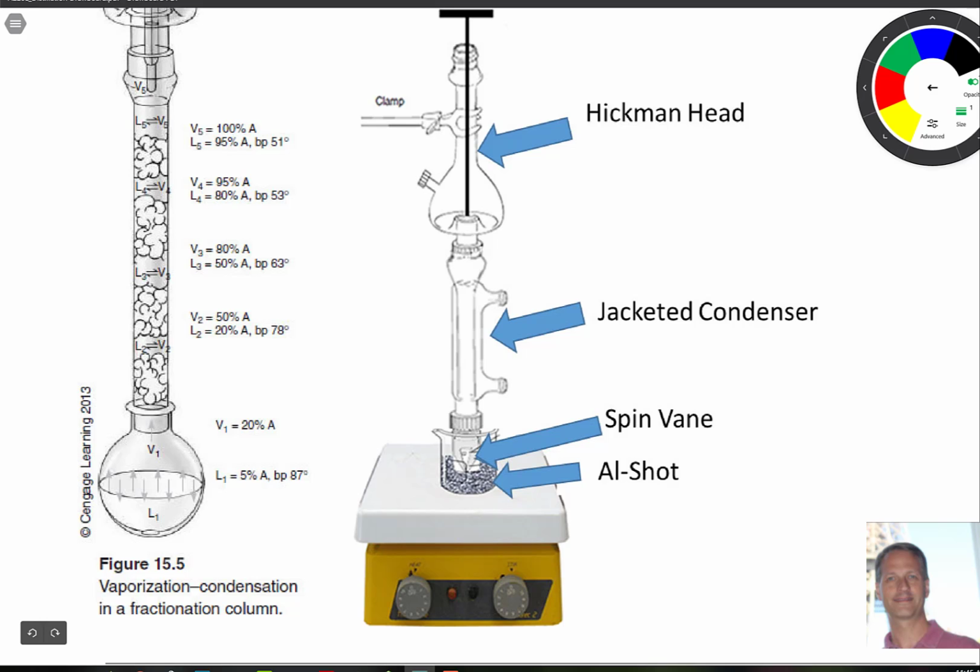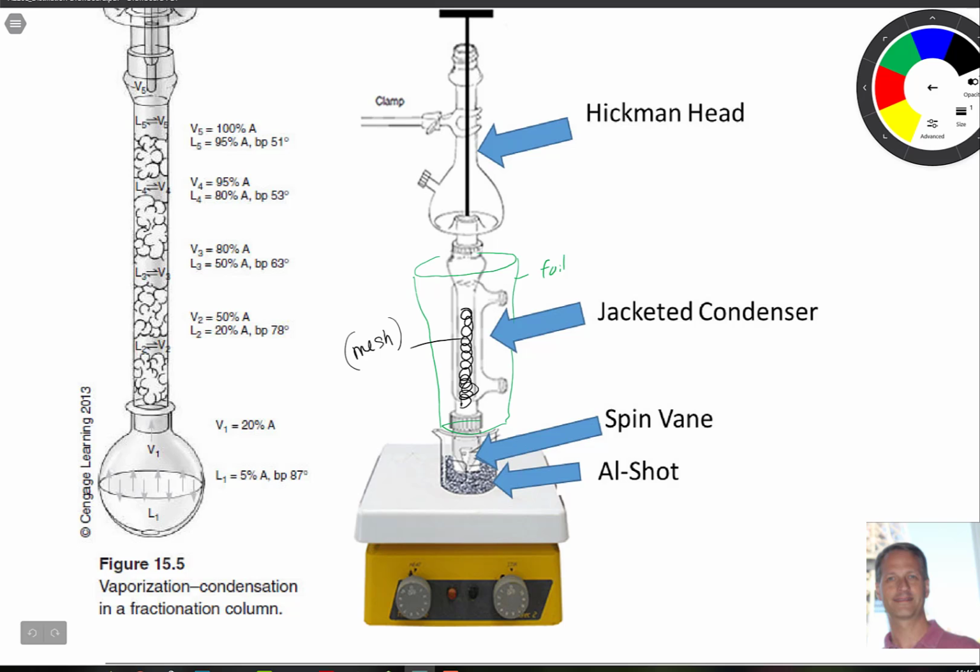And the other thing that we often do is we wrap this thing with aluminum foil to keep it kind of warm. You can use glass wool in there too. And then the third thing that we do, if you leave it open, the vapor just hits the wall and comes back down. So what we do is we fill it up with a mesh. We use a steel mesh to shove it in there.